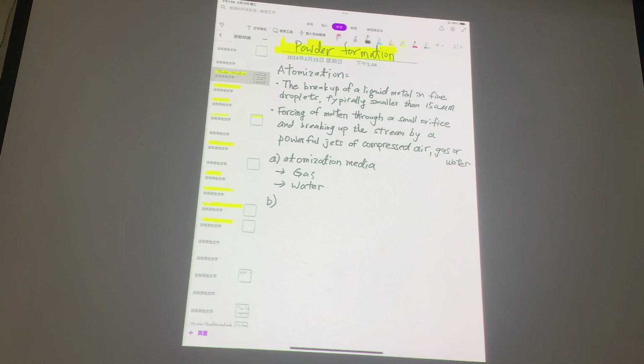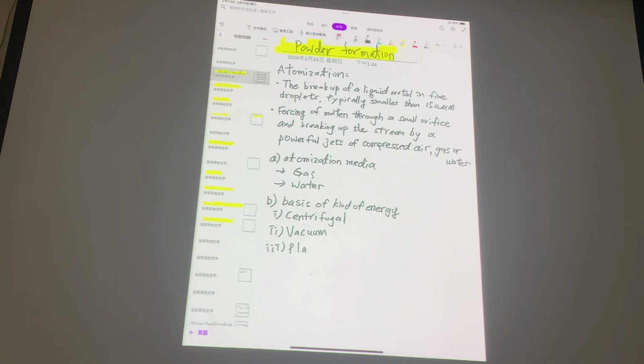Now, on the basis of energy, you can do it through centrifuge, which is a very common way you see if you go to a powder fabrication laboratory, or through vacuum. There's also another alternative route, through plasma. This is seldom seen, but it's also being done, and lastly, ultrasound.